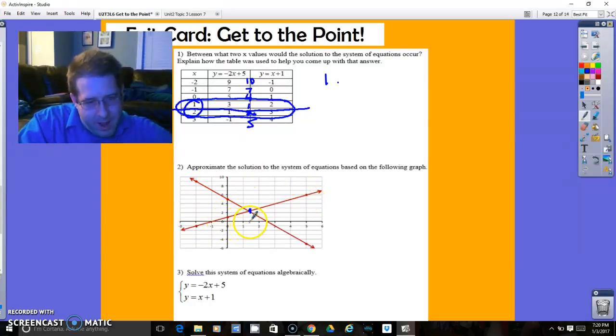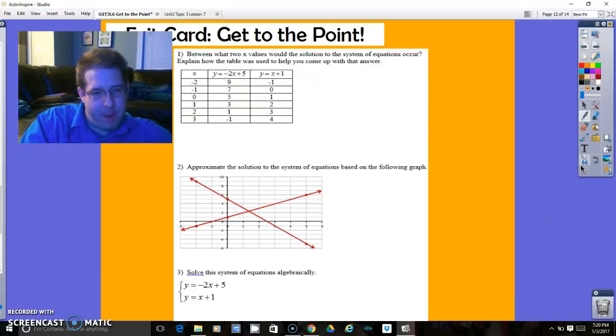So 1 1/3 is about an answer. I think that's a pretty good answer, because maybe it's 1.4 or 1.3. I'm not quite sure, I'm just approximating. So the answer is about 1.4, and then the solution, which is y, would be about 2 point something. I don't know what that would be either, so I would guess maybe 2.2, somewhere around there.